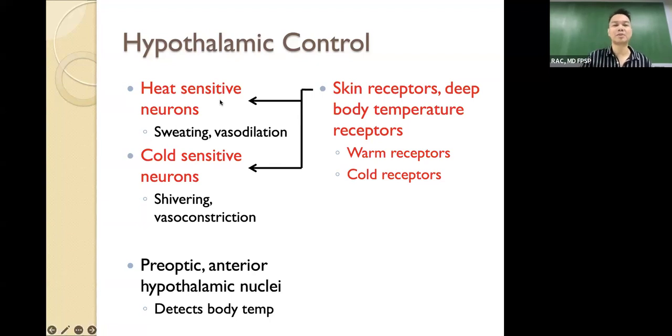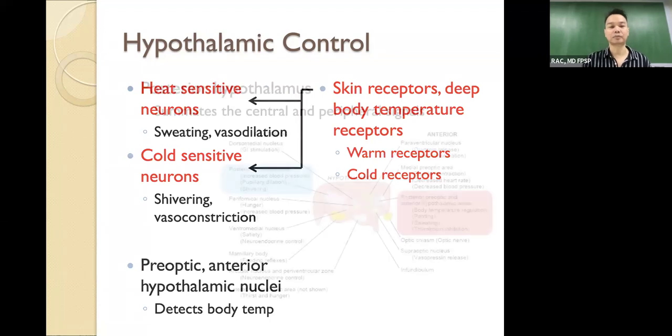So warm signals will be carried by heat-sensitive neurons that will activate the posterior preoptic anterior hypothalamic nuclei, activating now heat-losing mechanisms such as sweating and vasodilation. For colder signals, they will be carried by cold-sensitive neurons going to the posterior hypothalamic region. When that happens, this will activate shivering and vasoconstriction, so heat-conserving mechanisms.